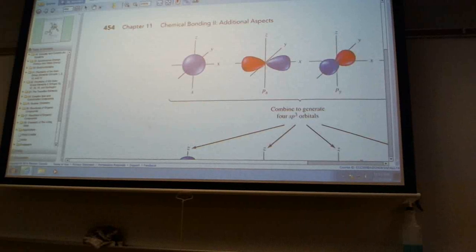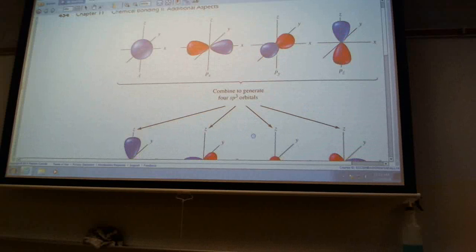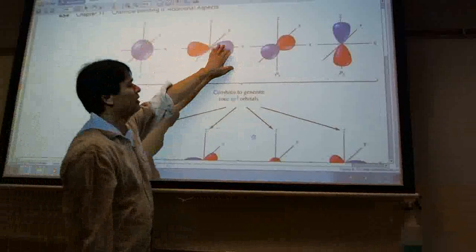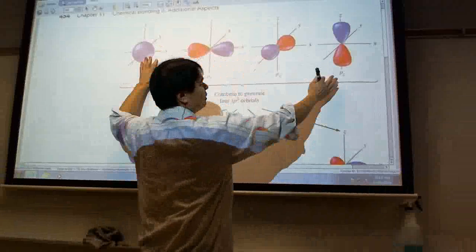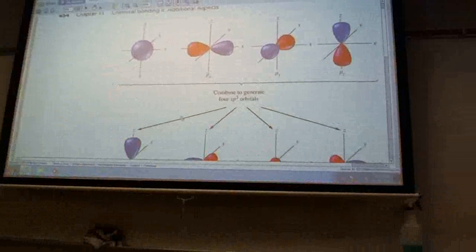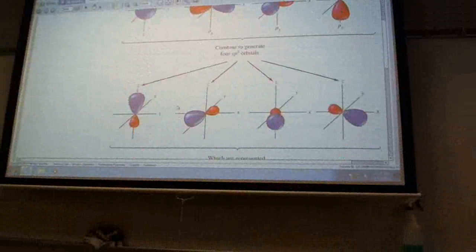So this is hybridization. What we do is we take an S and a P and a P and a P, and then we mix them together. But we don't get one orbital, we get 4 new orbitals.